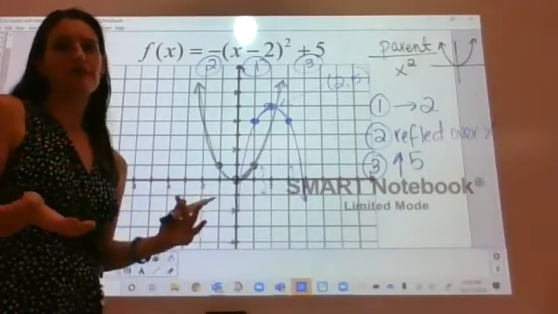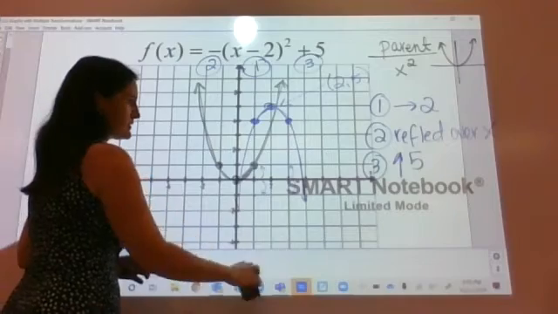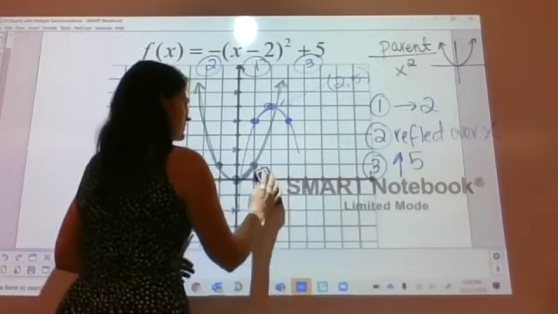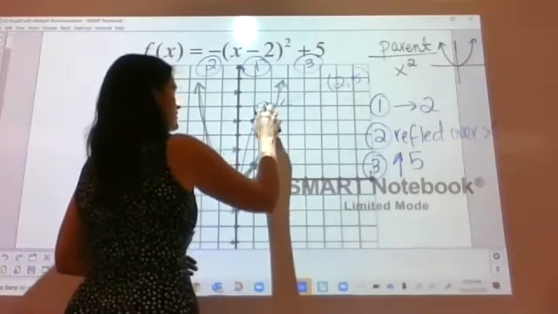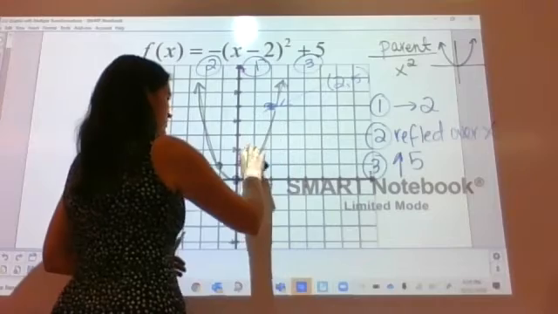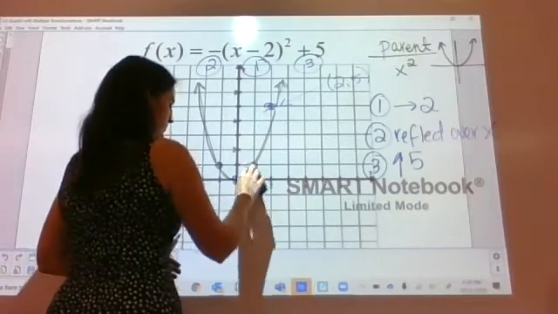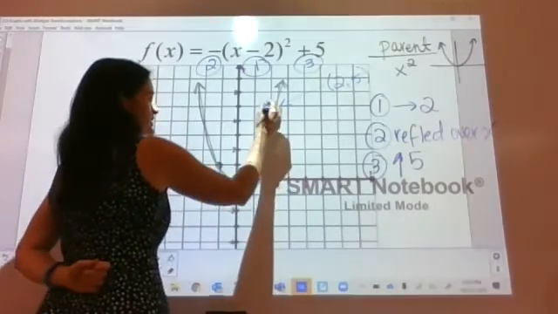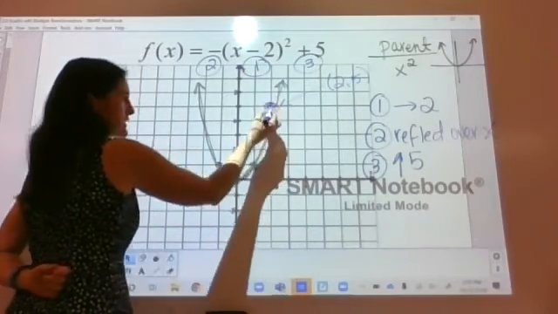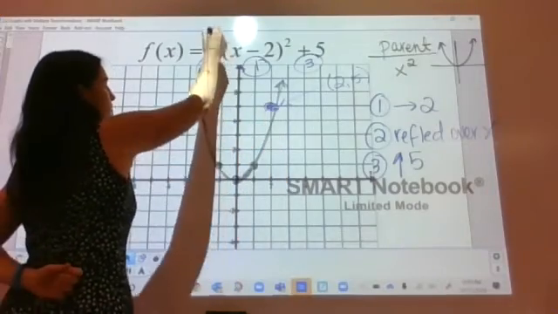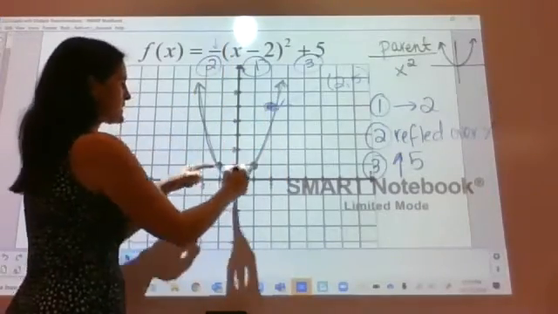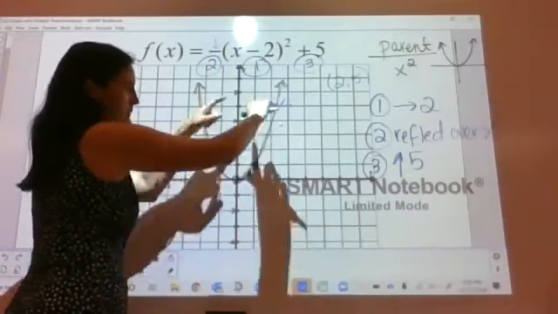Let me show you a kind of faster way. Once you get your, so this was my transformed 0, 0, okay? I know from this negative that instead of opening up, my graph is now going to have to be opening down.